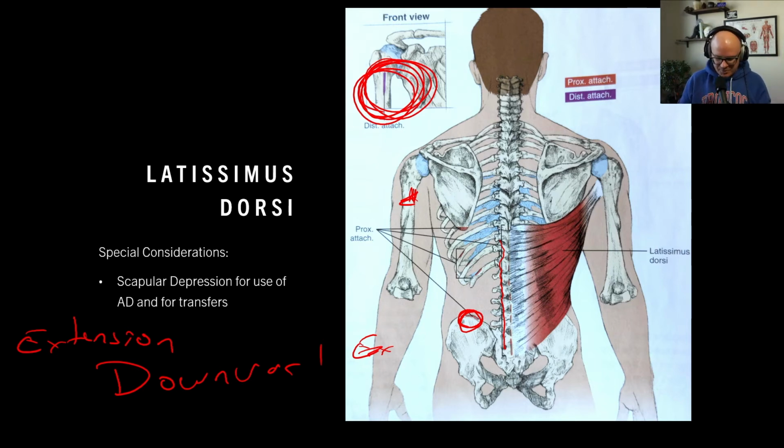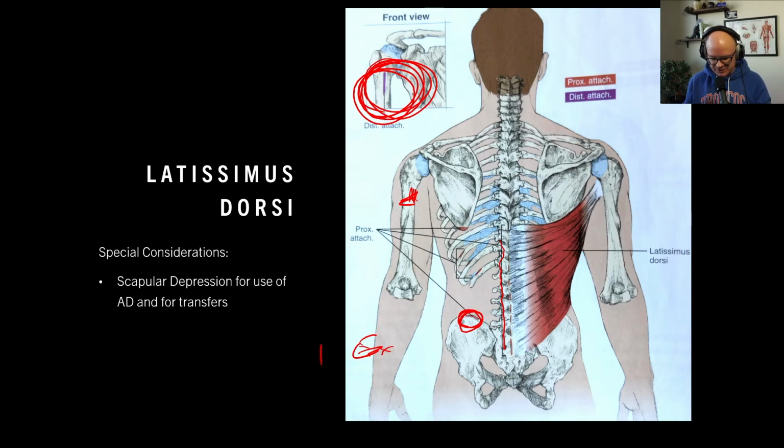Now, those are the basics most people learn. But here is the big one. This is why I have this under my special considerations. It is a scapular depressor. So it is crucial to have this muscle capability to work for using assistive devices, especially crutches or even a walker, but definitely crutches, and to help with transfers. Because when you push down in a chair and lift up like this, people say, oh, the triceps are working.